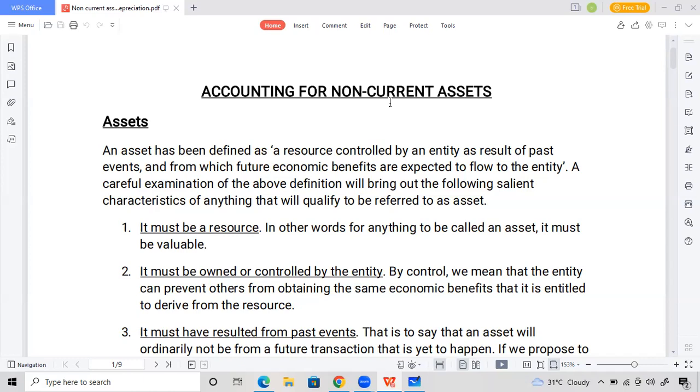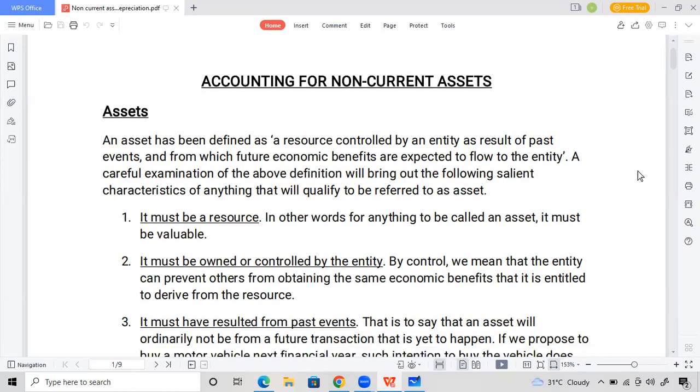It must be a resource controlled by the entity, and it must have resulted from past events. An asset will ordinarily not be for a future transaction that is yet to happen. It's going to be as at now.